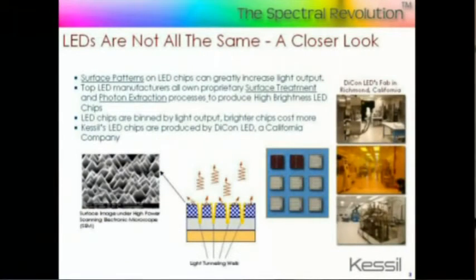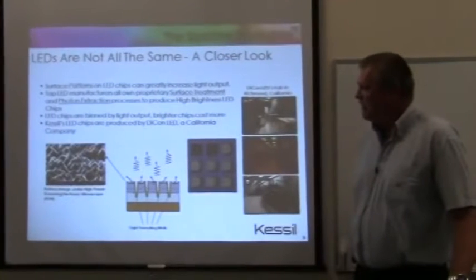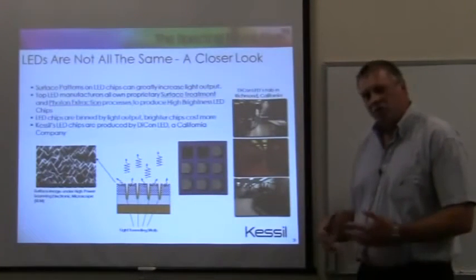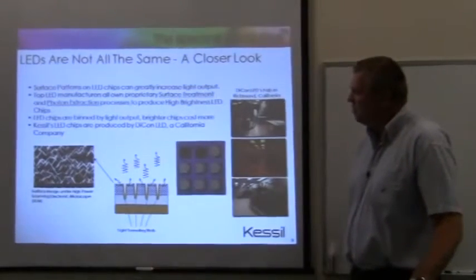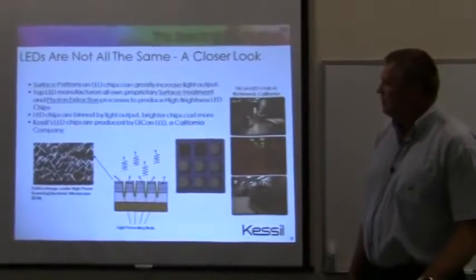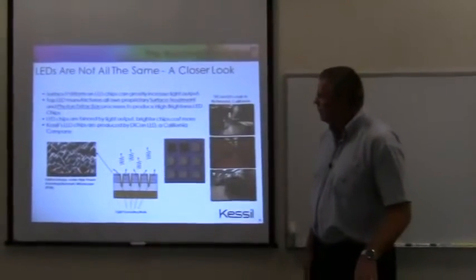All LEDs are not the same. Typically, to get the kind of light output levels that we're talking about with high brightness LEDs, there's a variety of tricks that are played. Surface patterning on the top surface of an LED chip can greatly increase its light output.